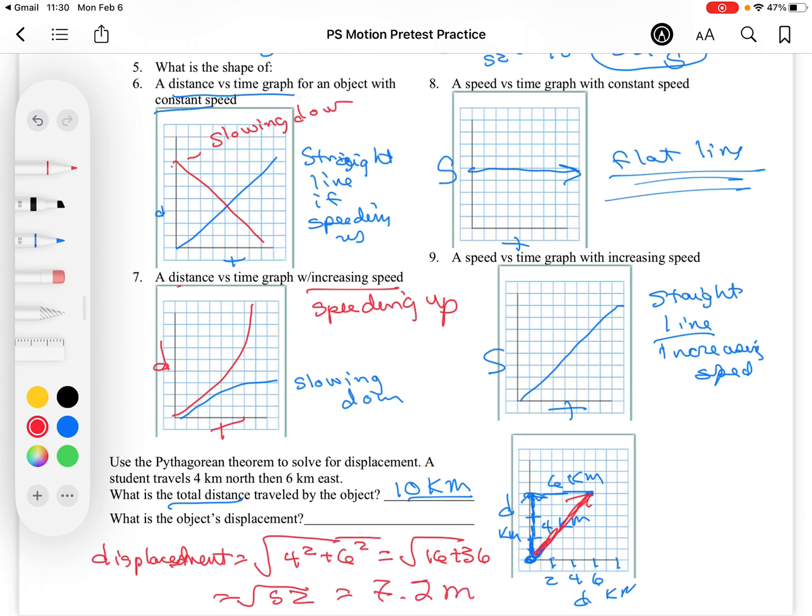That will be the square root of 52. And don't report things like that. I hate that. So square root of 52, I'm just putting this, and that'll be 7.2 kilometers. And that would be, if this is north and this is east, this will be northeast. 7.2 kilometers northeast. Don't forget, if I ask you to do this, for displacement, you need a direction.